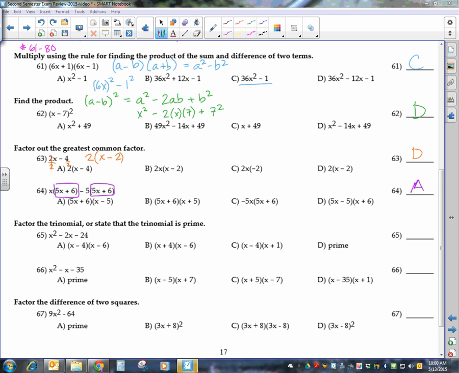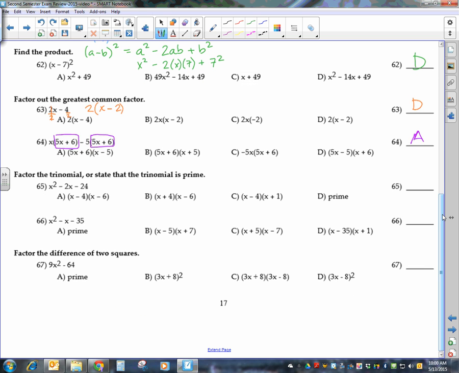All right, 65. Factor the trinomial or state that it's prime. Okay. If you're not a factoring genius now, you can always go backwards and do FOIL on each of these. Okay. X times x is x squared, so those all qualify. Minus 24 is gotten from doing the last terms. Negative 4 times negative 6 does not equal negative 24.